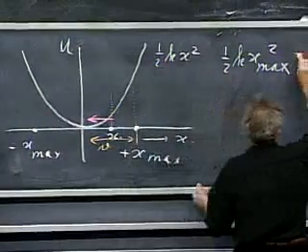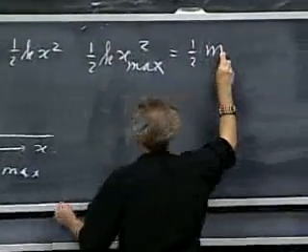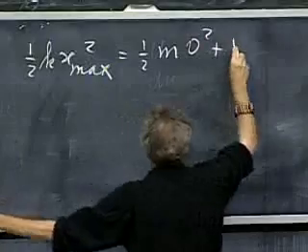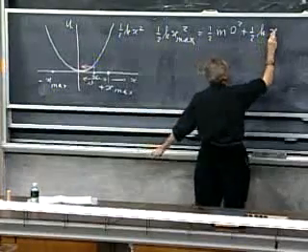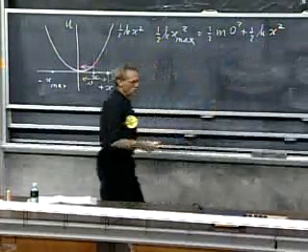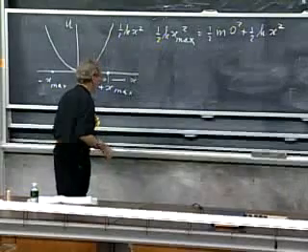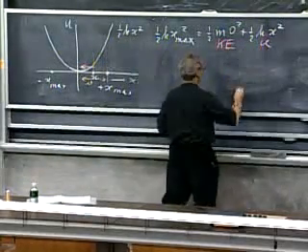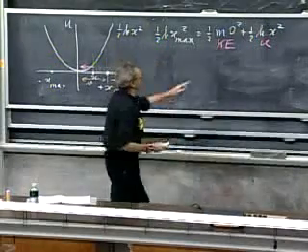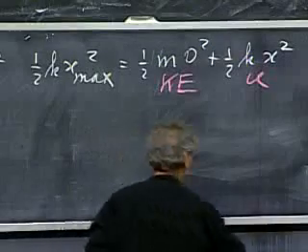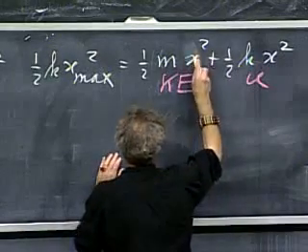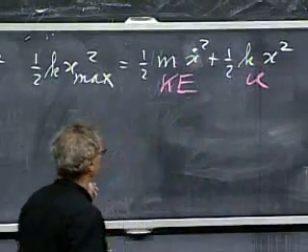That must be now 1/2 m v squared at a random position x plus 1/2 k x squared, which is the potential energy at position x. So this is the kinetic energy, and this is the potential energy. v is the first derivative of position versus time, so I can write for this an x dot.